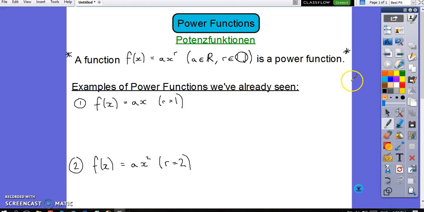of power functions that we've already seen. So the first example of a power function we've already seen is this one here. F of x is equal to a times x. So in this example, our r, the power from here, is just 1, because anything to the power of 1 is just the thing itself. And we know that this gives us a linear function.